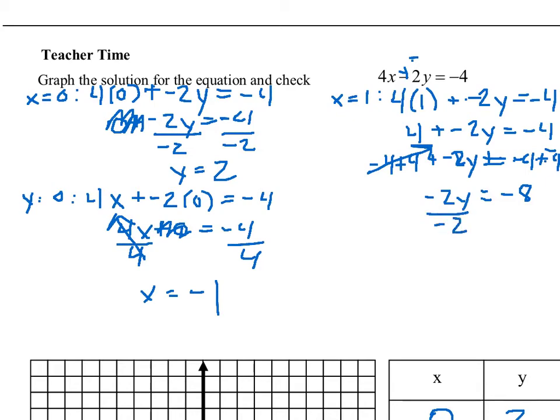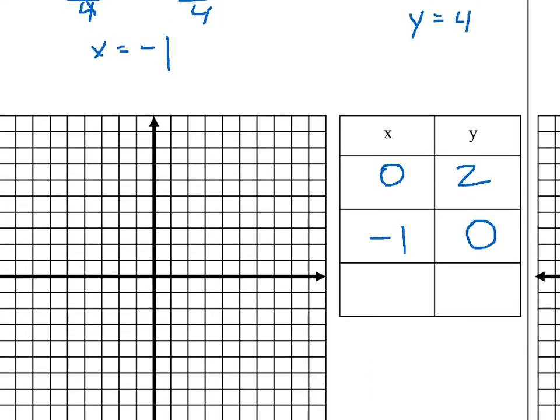Yep, divide both sides by negative 2. Gives me y is equal to 4. So that definitely worked out for us. In this case, 1 ended up being a good choice. So we plugged in x was 1, and our result y was 4.